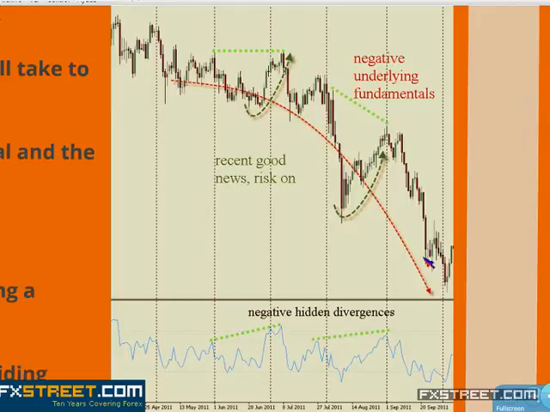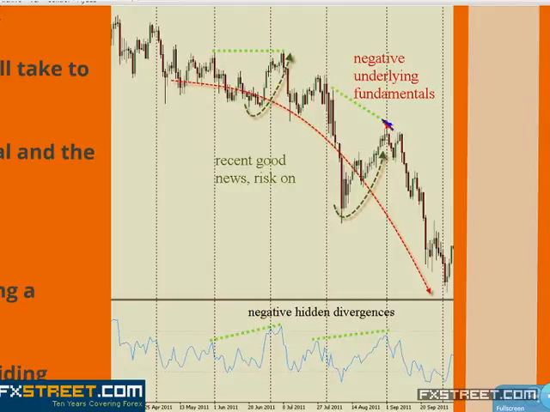You may have this developing downtrend with negative underlying fundamentals, but within that trend you may have good news coming on, or risk appetite, risk on, for shorter periods of time, and this leads to this kind of hidden divergences.